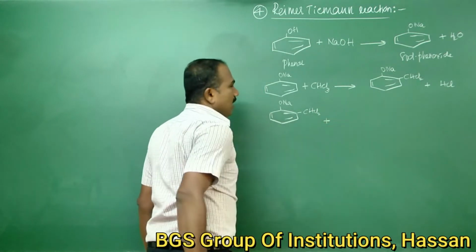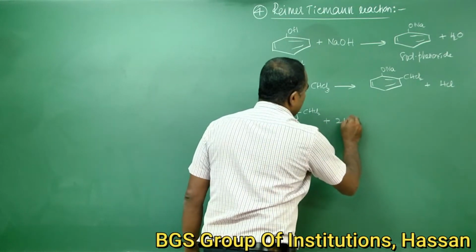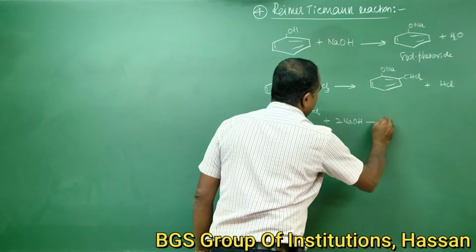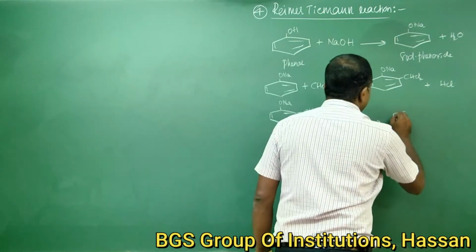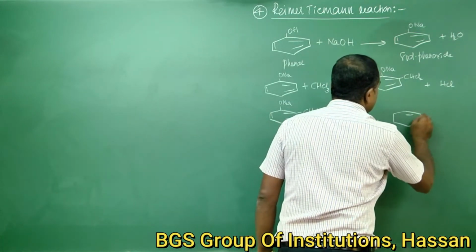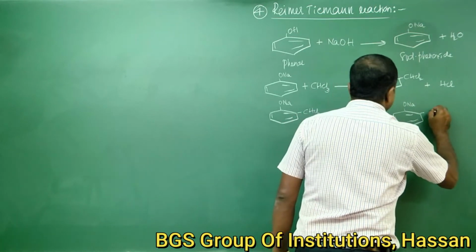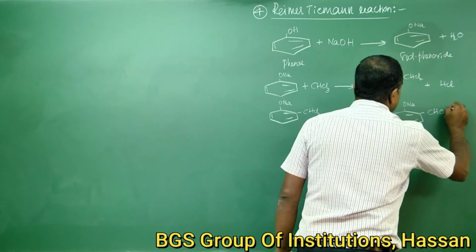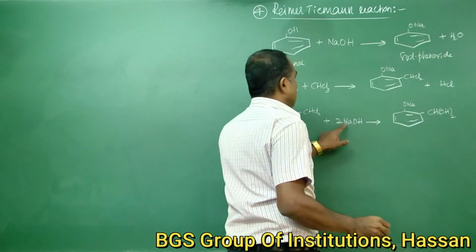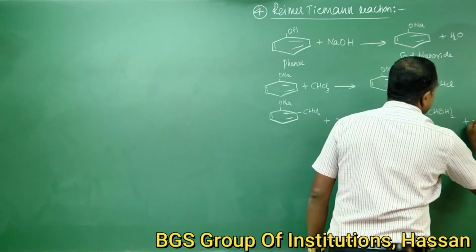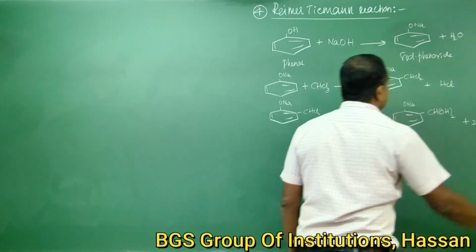CHCl2, on heating again with sodium hydroxide gives the product benzene ring connected to ONa CH(OH)2 plus 2 NaCl.